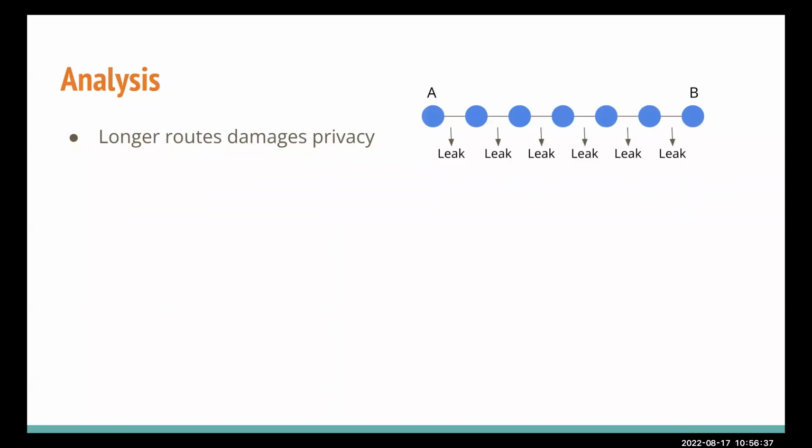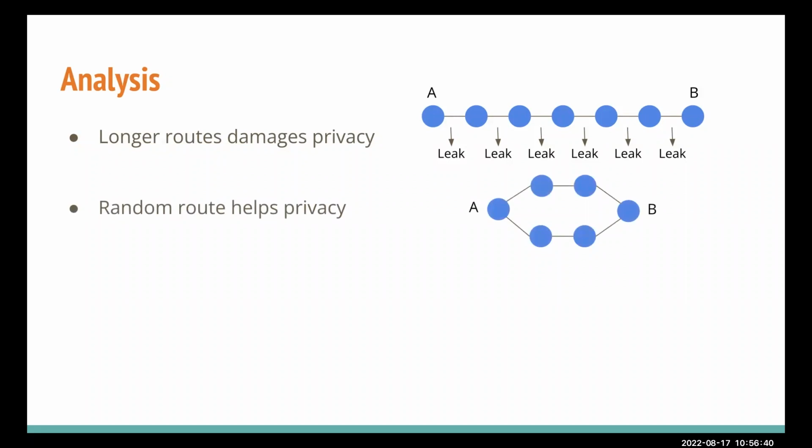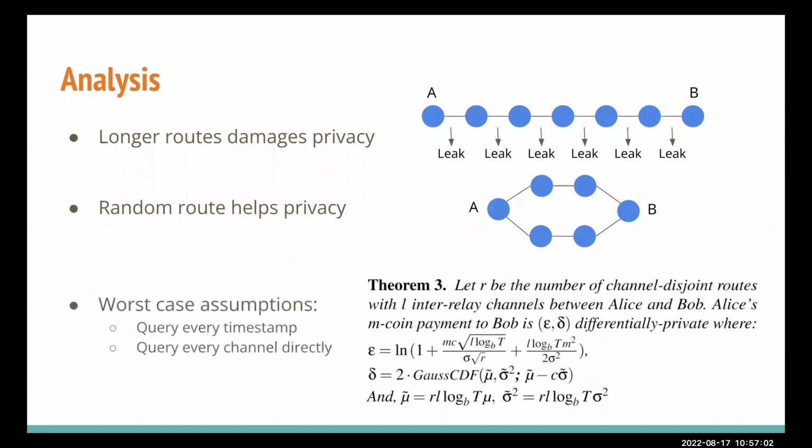This is L. Then we have R. R is if there are 2 routes that Alice could use in order to pay Bob. This somehow helps the privacy, right? Because the attacker doesn't know which route to query, or he will see two different observations, but will not know which one he really needs to use. And this is where I went to a real theorem that tries to use this L and this R and this T, which is the number of noise samples, and log T, which is the height of the tree.